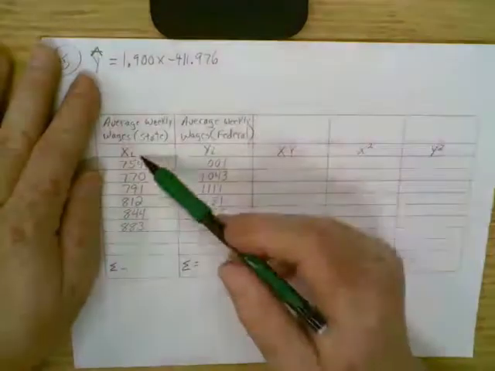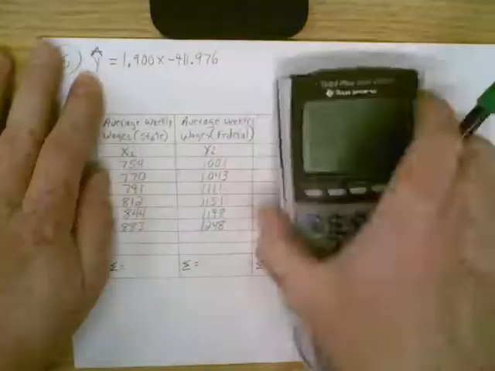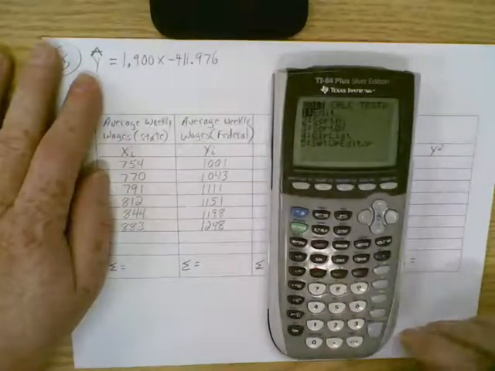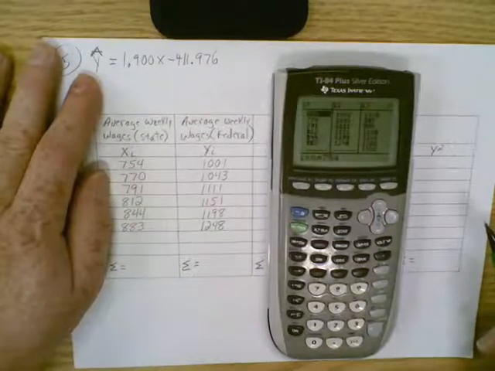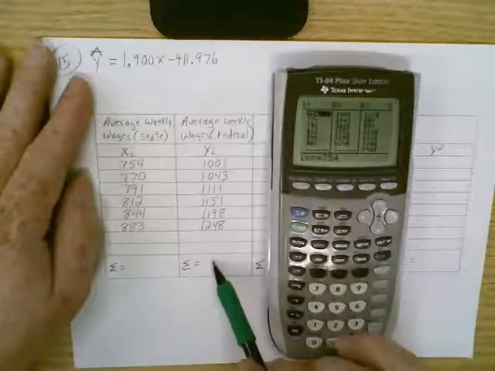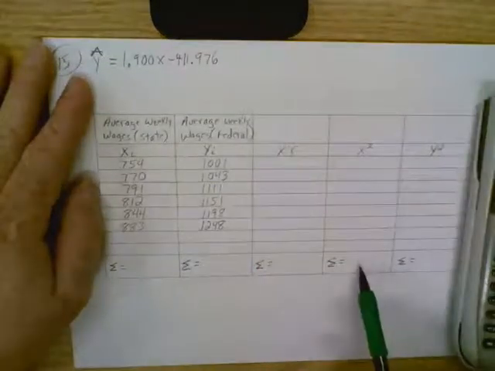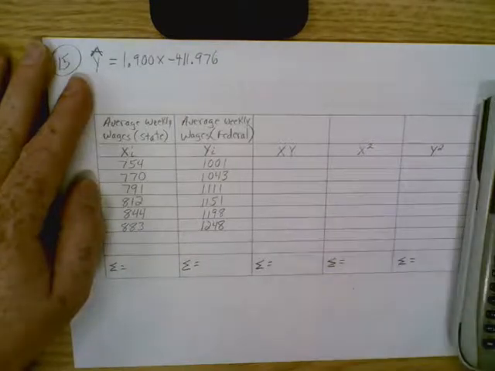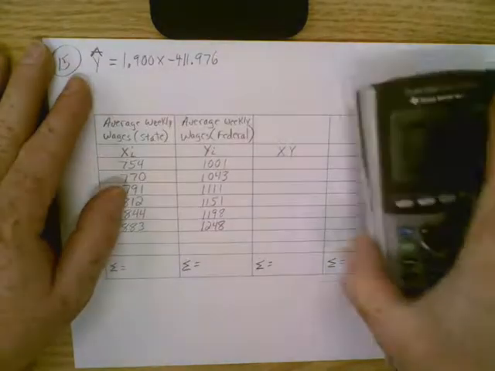So on this one, I've already got all this list in. If I put all these lists in my calculator on list 1 and list 2, which I've already done, I can find the sum of all the x's, the sum of all the y's, the sum of all the x squareds, and the sum of all the y squareds. So I can find a whole bunch of this stuff that I need just from the calculator.